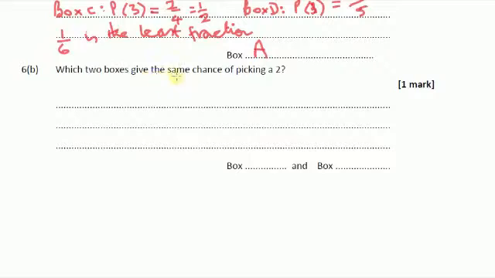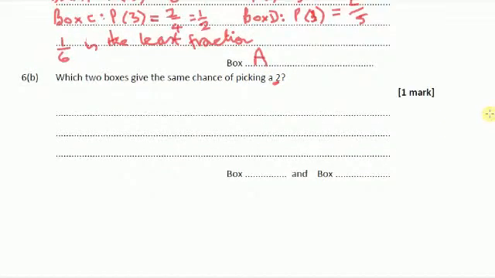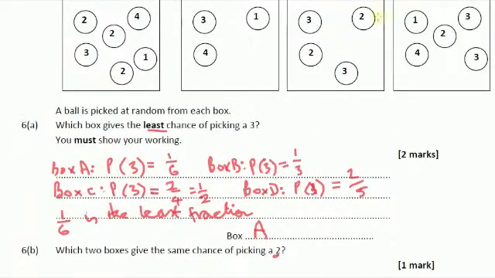Which 2 boxes give the same chance of picking a 2? So now we're looking at trying to get a 2. If we look at the 2 boxes, chance of getting a 2 in the first box is there's 3 chances out of 6, or a half, equivalent.